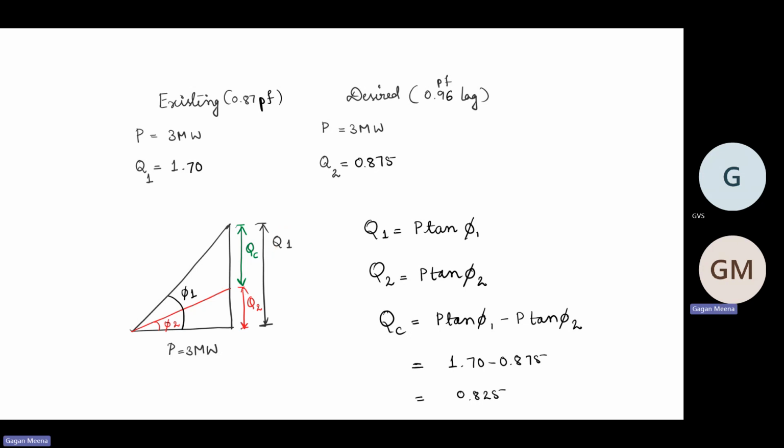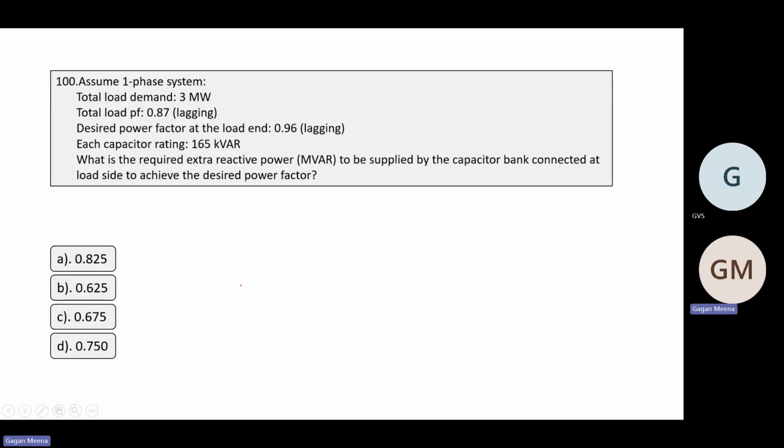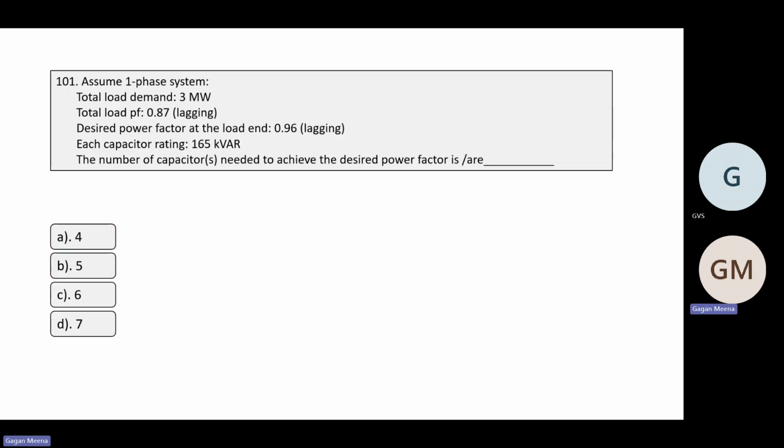Now you want it to be only this much, Q2. The remaining difference between Q1 and Q2 needs to be supplied by the capacitor, which we can simply find out like this. Q you can find out as P tan phi. So P tan phi1 minus P tan phi2, it is 0.825. This will be the rating. Because each capacitor is rated at 0.165, you can divide it. You will get 5 capacitors required.